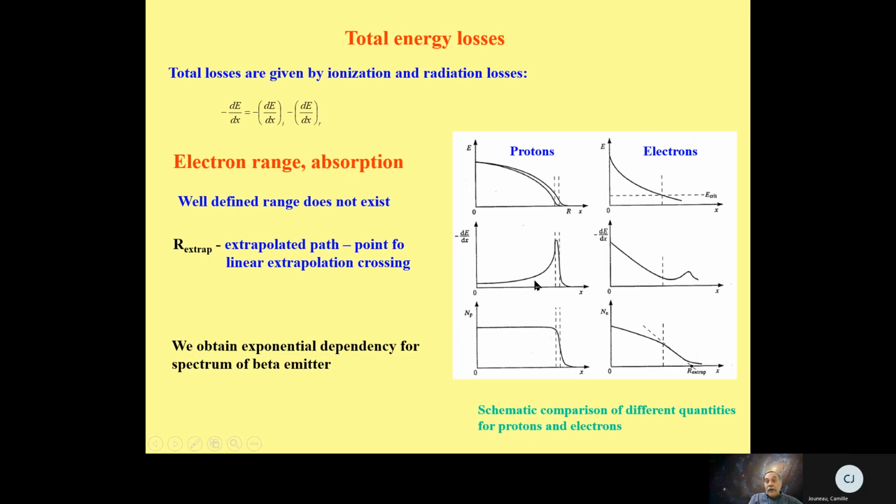But if the velocity becomes small, there is a very quick increase of ionization losses, and the heavy particle will stop at one point, and at the end of its range it will deposit the dominant part of its energy.